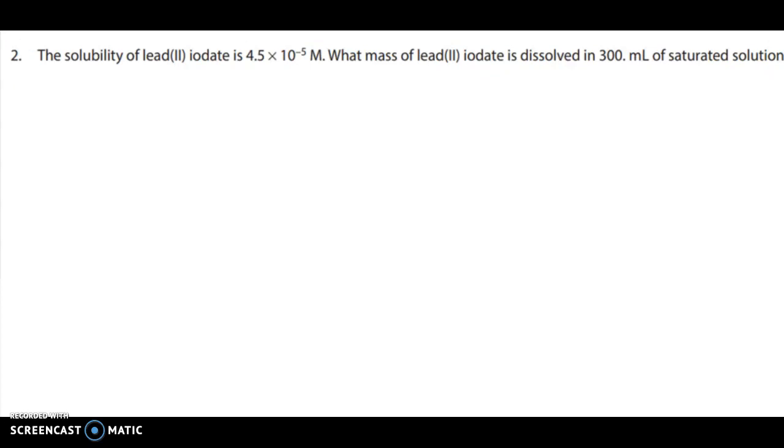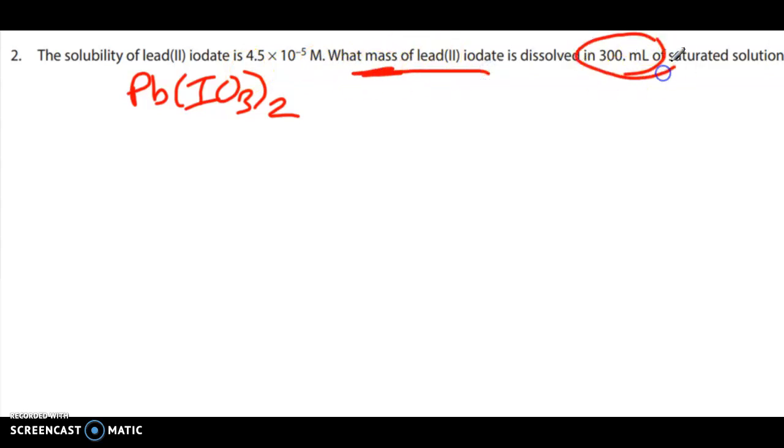Okay, number 2. So we have here the solubility of lead II iodate. So let's just remind everybody what that is. Lead II, and I believe iodate is a 1 negative charge, pardon me. So we have a concentration. We want the mass of lead II iodate that would have to go in 300 milliliters of a saturated solution.